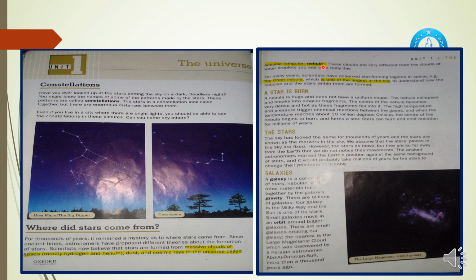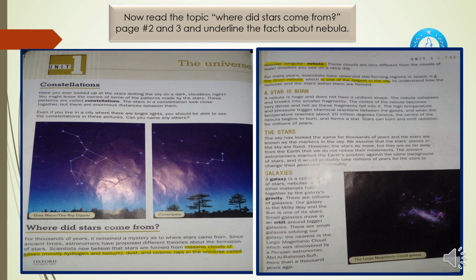Singular is nebula. And one more important thing, the Orion Nebula is one of the largest nebulae in the sky, right? So please read the topic, where did stars come from, on pages 2 and 3. Underline the facts, the important things about nebulae, right? And if you have any question, note it down on a piece of paper and bring it along with you to the Zoom class so that we can discuss.